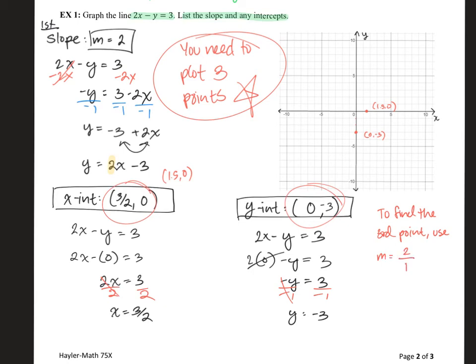So how do I read this off? Well, I know this is my rise value, so I go up 2 because it's positive 2, and then I go right 1 because it's positive 1. So rise 2, or you could say up 2. Actually, that might be an easier way of saying it. Up 2.